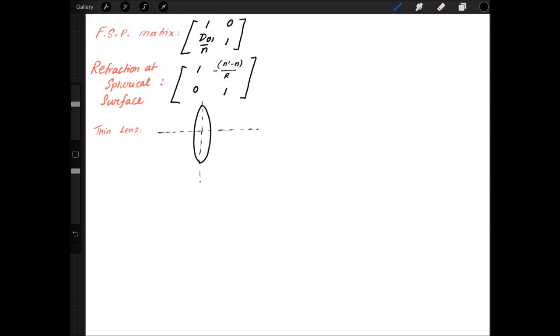That's to give a very general idea of a lens. So let's say the surface on the left has a radius of curvature r, and that on the right has a radius of curvature r prime. Let's also assume that the lens has a refractive index of n prime, and everywhere else it's air, so n equals 1.